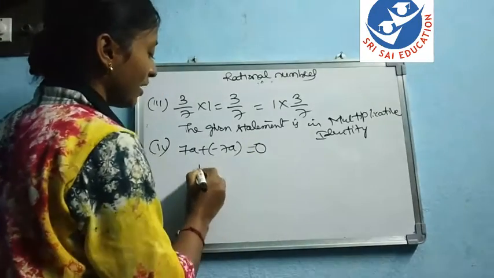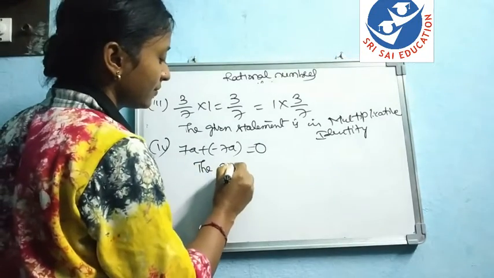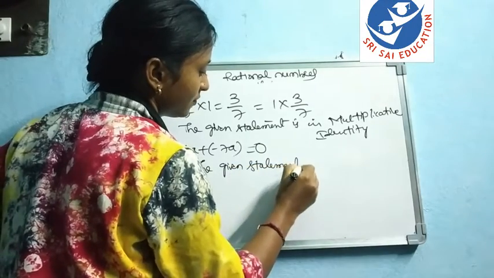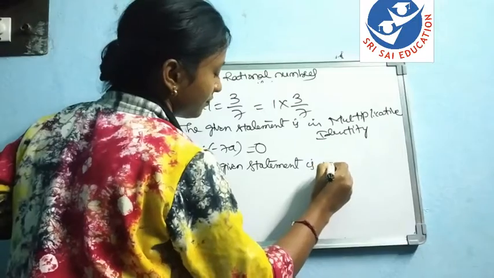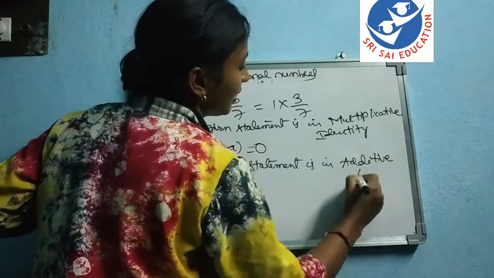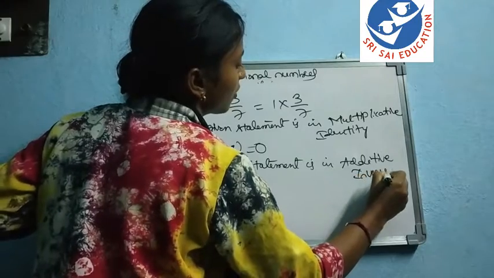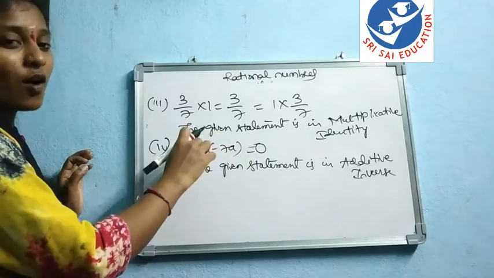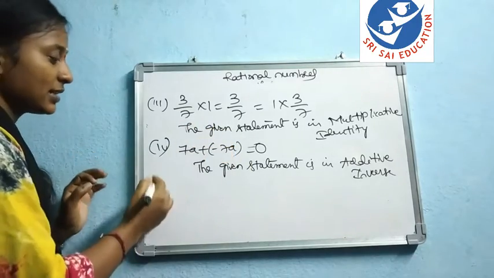So the given statement is additive inverse, because these two numbers are additive inverses of each other.